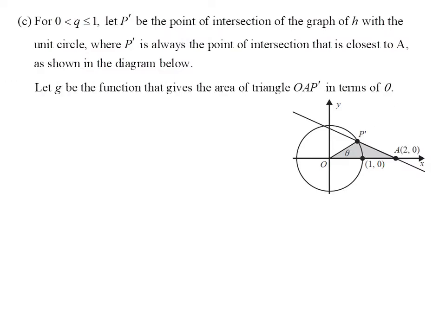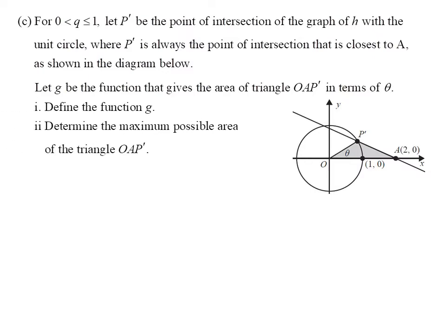G of theta denotes the area of triangle OAP prime. Hence, the first question of part C is to find the rule of G of theta, and the second question of part C is to find the maximum possible area of the triangle OAP prime.